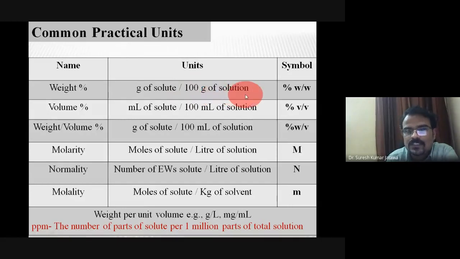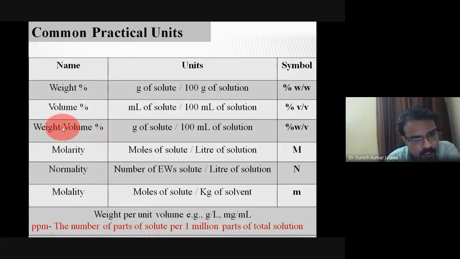The solution is symbolically known as percentage W/W, where W stands for weight. In volume solutions, the solute is in ml, meaning liquid, dissolved in 100 ml of solution. Total solution is 100 ml. So your solvent and your solute both are liquid. This type of solution is known as percent volume by volume.